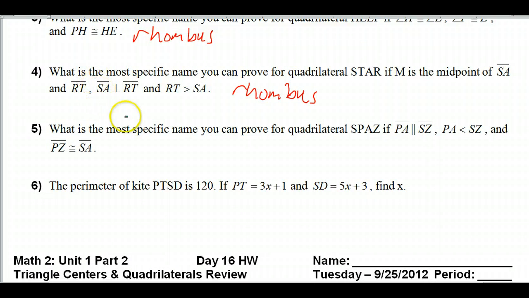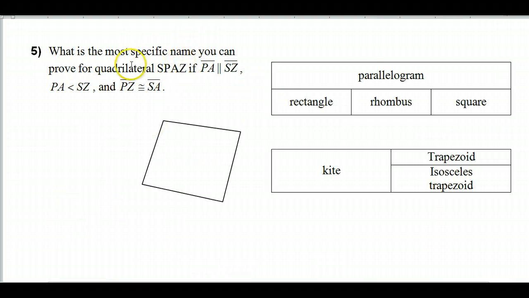All right, number 5. Quadrilateral SPAZ. Now, segment PA is parallel to SZ.